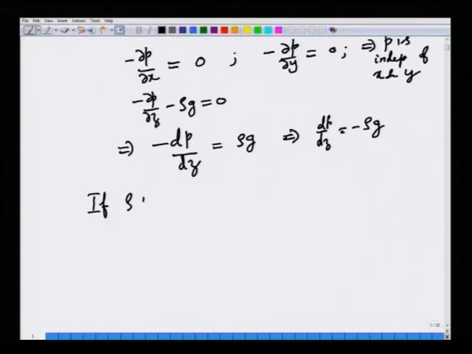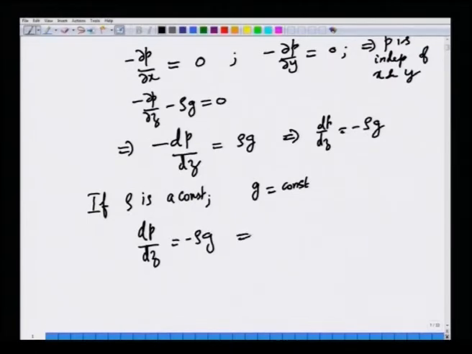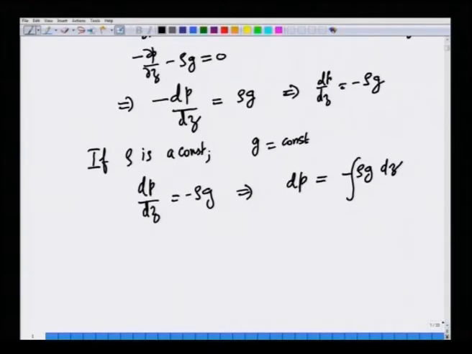If rho is a constant and g is normally a constant under terrestrial conditions, since the acceleration due to gravity on the surface of earth is a constant, then dp dz is minus rho g can be integrated between any 2 points. Since rho and g are constants, we can pull them out.